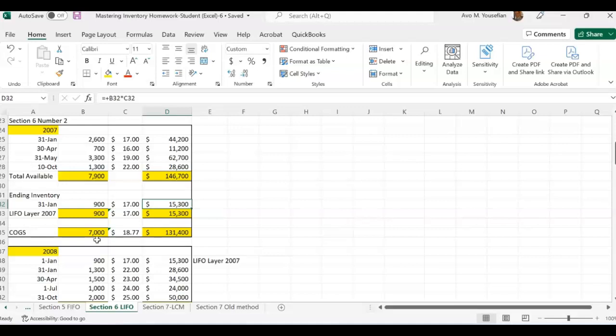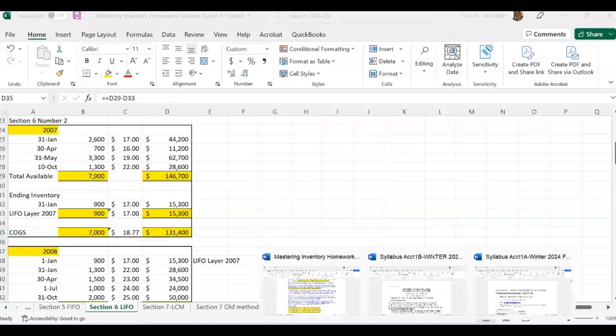So what's the cost of goods sold then? So the cost of goods sold is, we sold 7,000 units, which is 7,900 less 900 left. And the total cost of goods sold is available 146,700 less ending of 15,300, and that gives us $131,400 cost of goods sold.